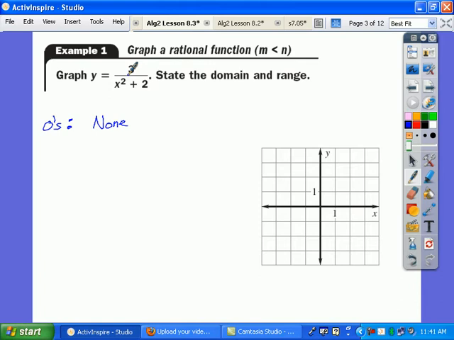Part 2 is we're looking for the vertical asymptotes. The way we find those is by setting the denominator, x squared plus 2, equal to 0, and we look for real values that solve that. Are there any real values that solve that?